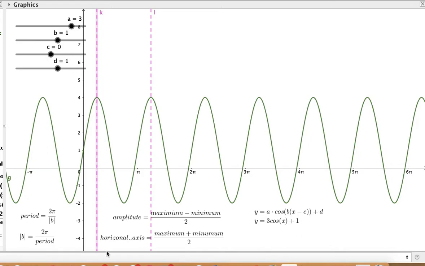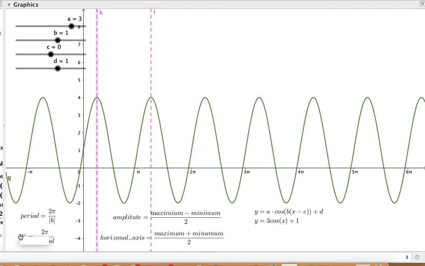Now, on a sinusoidal wave, I always look for distinctive points, either the maximums or the minimums. So I look at this point here, and this point here, you'll have to take my word for it, the maximum occurs at pi over 4. The maximum occurs over here at 5 pi over 4. So the new period is pi.